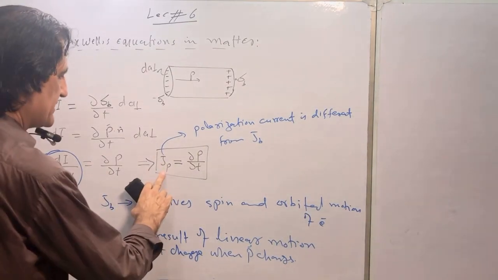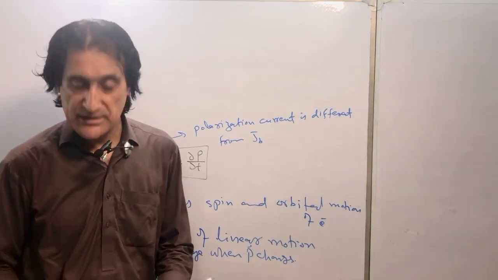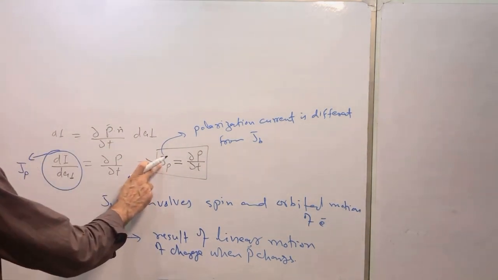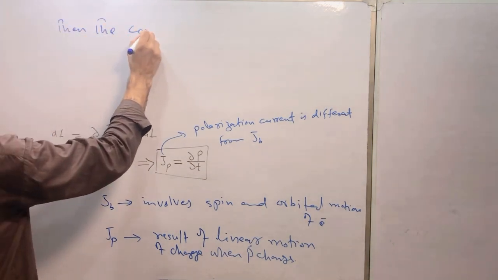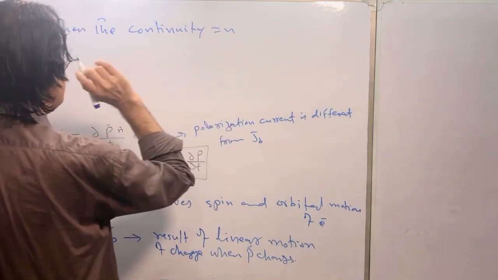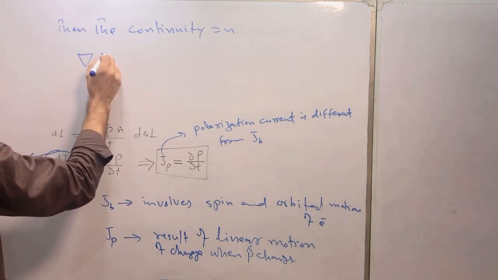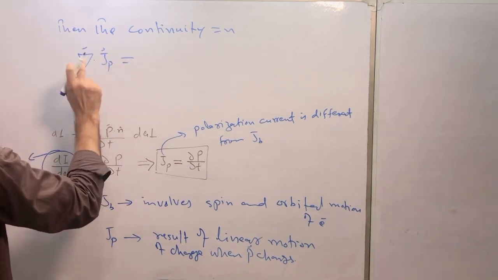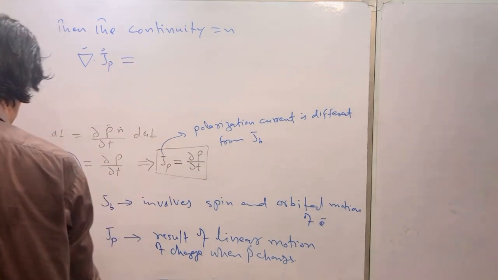If we have this polarization current, then the continuity equation can be written with del dot Jp instead of J. This is the polarization current.